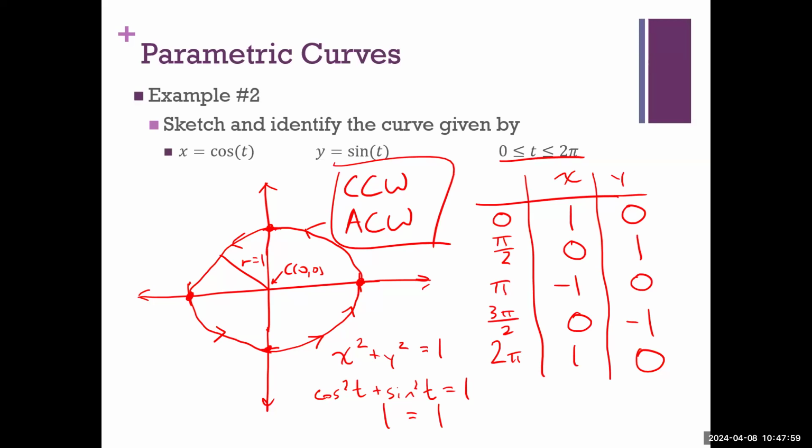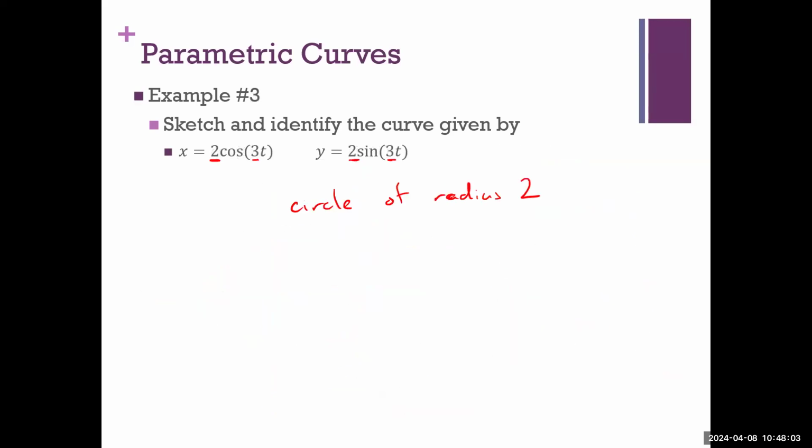So that's just with cosine and sine of t. This one, if I let t go from 0 to 2 pi, how many times will this circle trace out? Exactly 3 times, right?